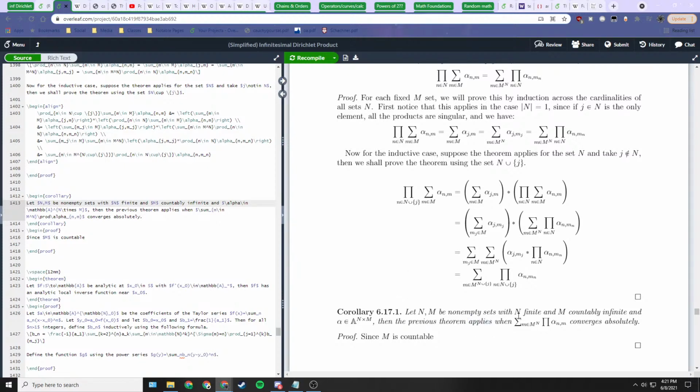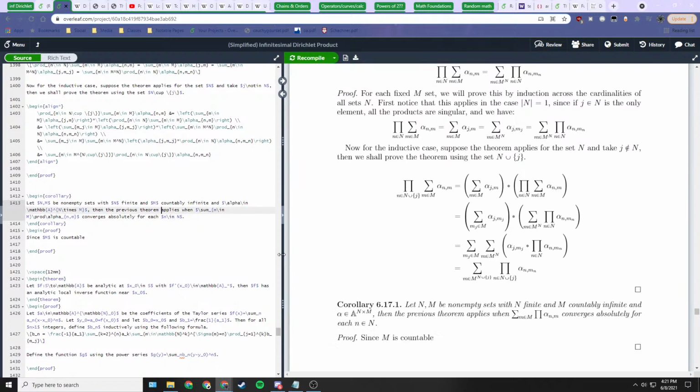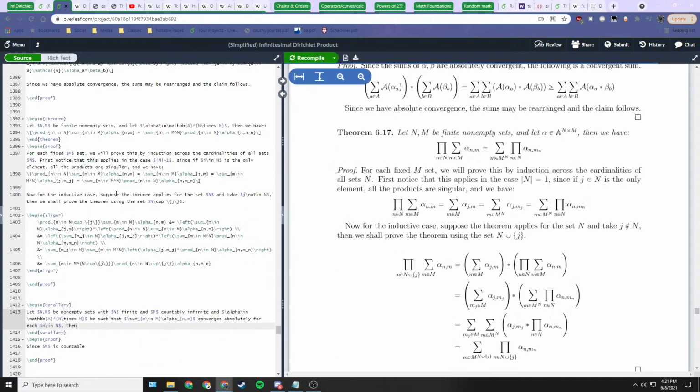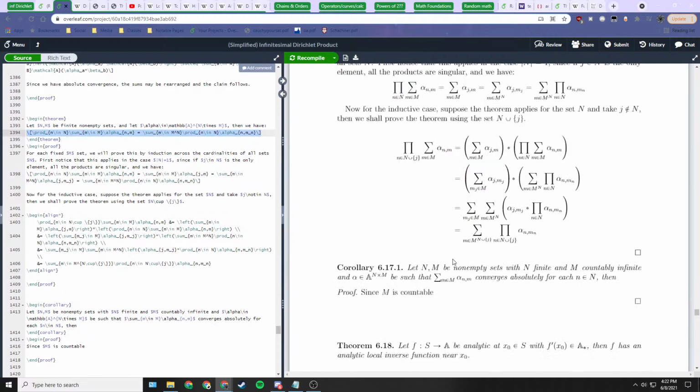And the previous theorem applies when, and we just need it to converge absolutely for every n, m. It's exactly the same statement.